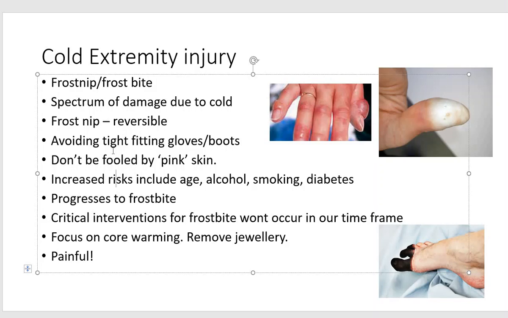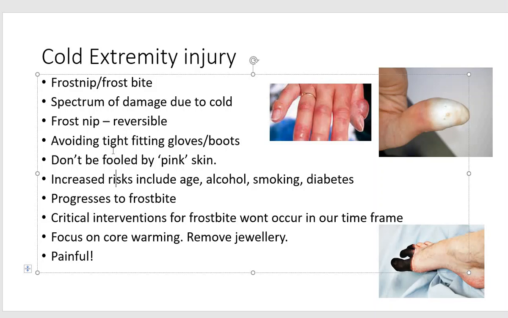It's what we refer to as frost nip or frostbite. Some of you may have experienced frost nips, some of you may have experienced frostbite. It is a more serious abnormality. And basically, this is on a spectrum of disorders caused by soft tissue damage due to the cold.